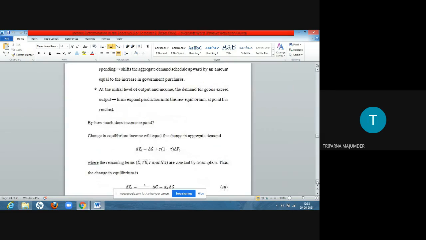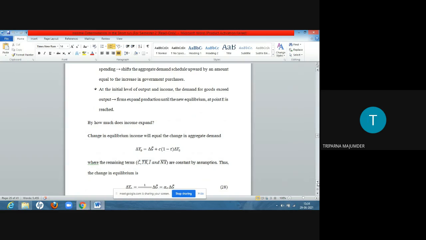Now our basic question is, by how much does this income expand? Change in equilibrium income will be equal to the change in aggregate demand. So delta Y0 is nothing but delta G bar plus C into 1 minus T delta Y0, where the other terms are constant, so there is no change in C bar, TR bar and NX bar.